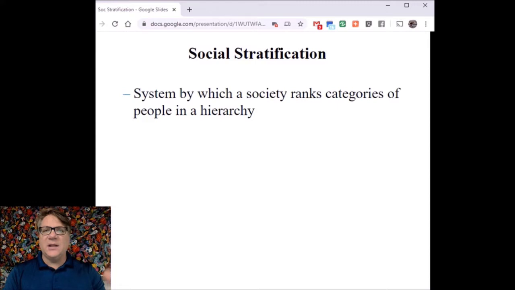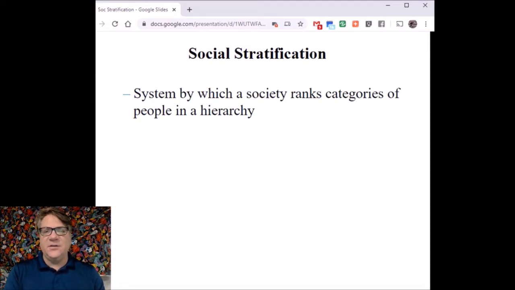So what I like to do, starting out in chapter 9, is to talk about what social stratification is and lay the groundwork of what we will be talking about in this chapter. This chapter mixes some basic terminology about what social stratification is and how that relates to inequality. And we're going to talk about that in just a moment.